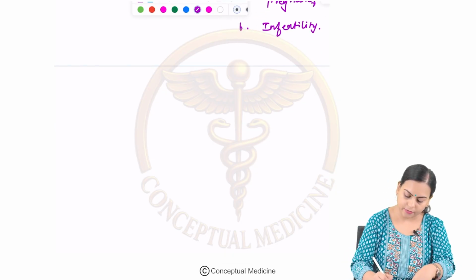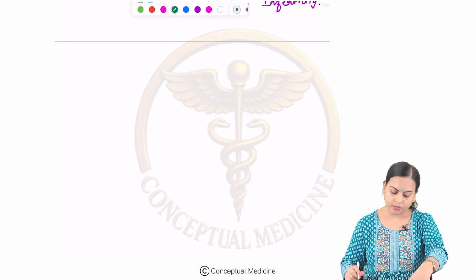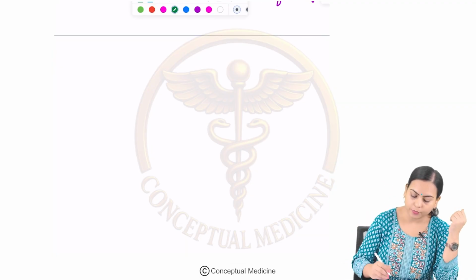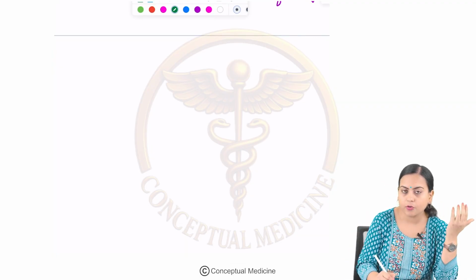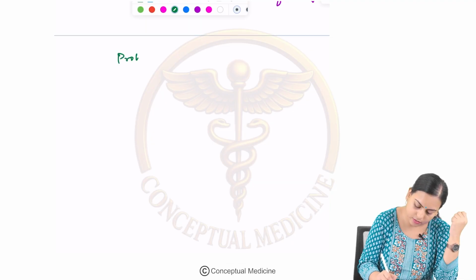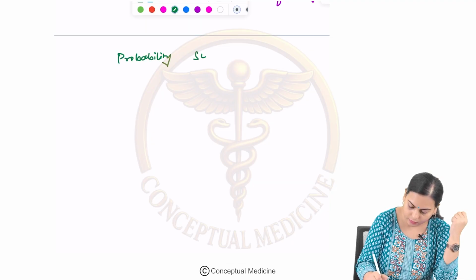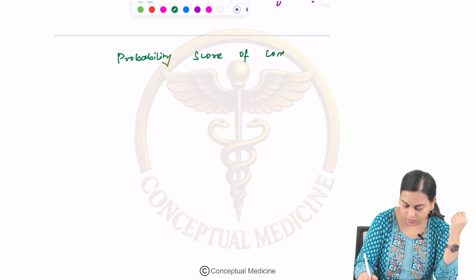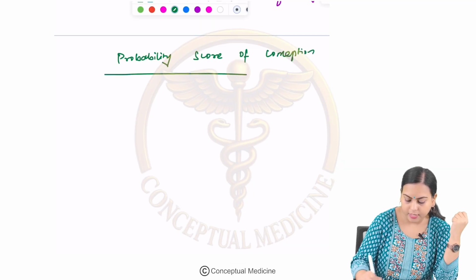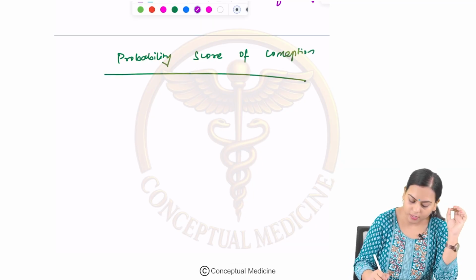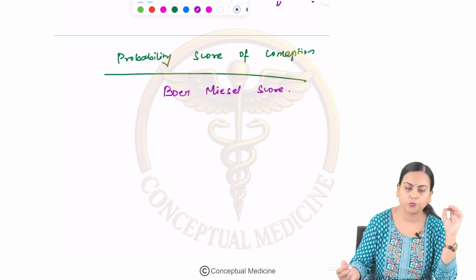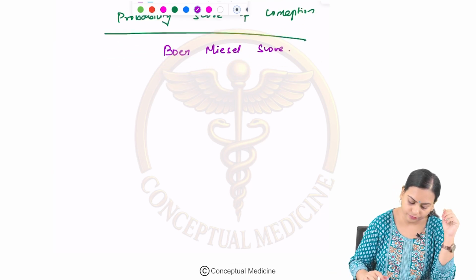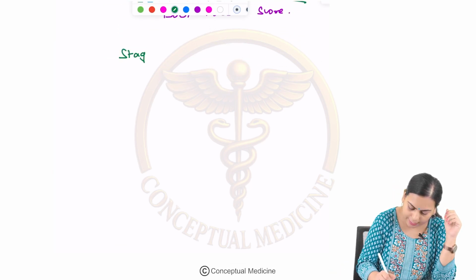So one more point I have to add here is to know the probability scoring for conception. In pelvic inflammatory disease, we use a score called Boyer-Meisel score.